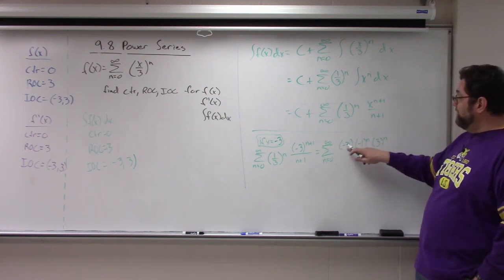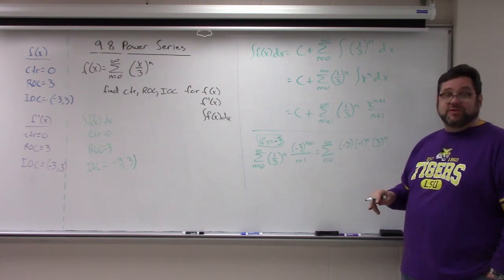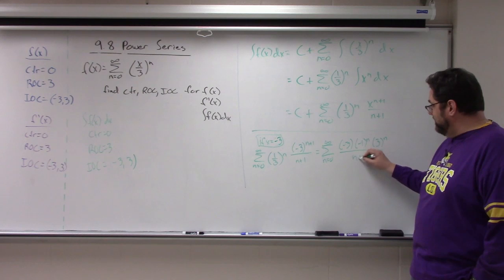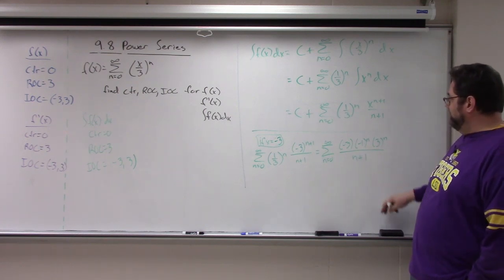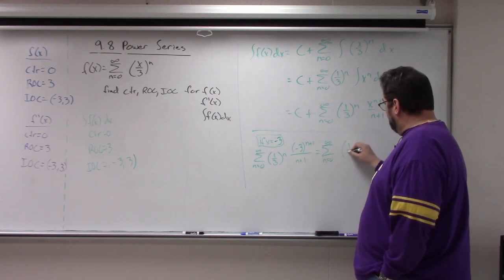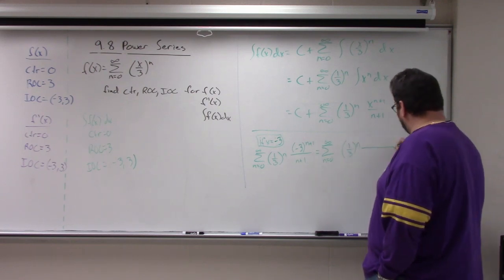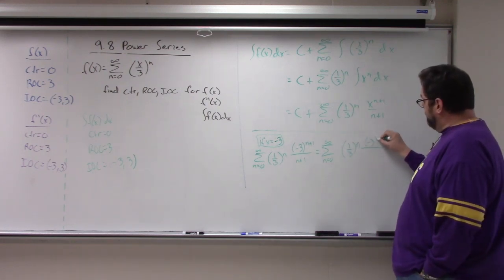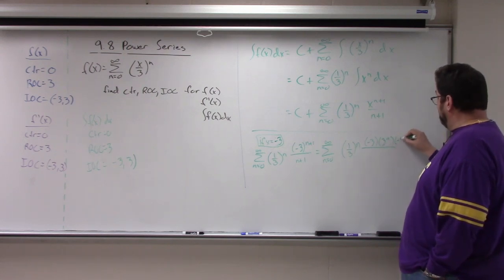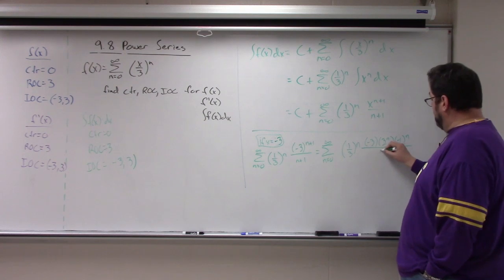If you multiply that by negative 3, you get negative 3 to the n plus 1. I'm just short on board space, so I'm trying to do a couple of things at once. Oh, and there should be a 1/3 to the n at the beginning of all that. 1/3 to the n times negative 3, 3 to the n, negative 1 to the n, over n plus 1.